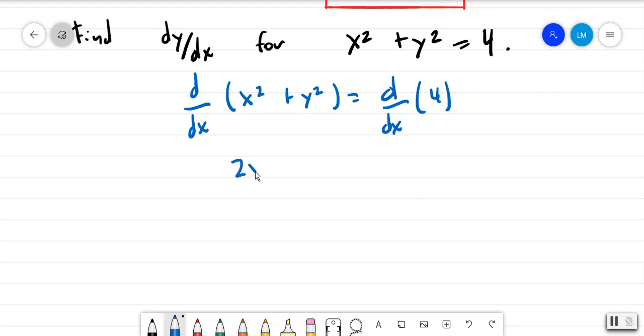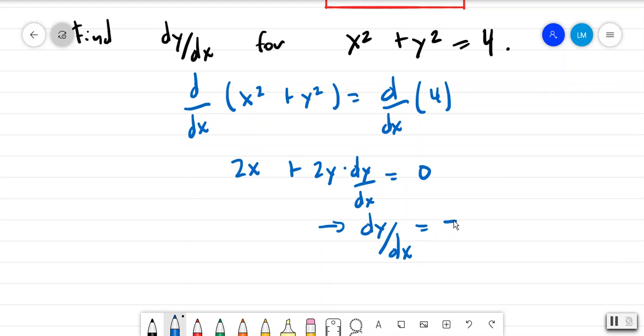Now this gives me 2x plus 2y times dy dx, and this equals 0. If I solve this algebraically, I end up with dy dx equal to negative x over y.